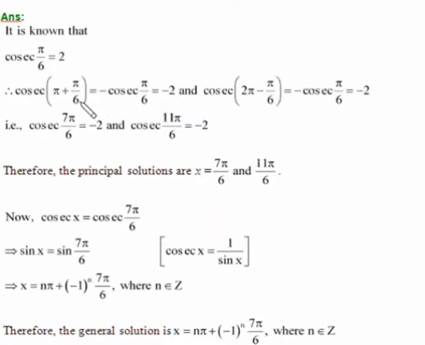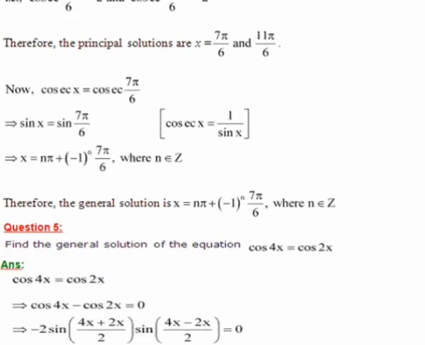Similarly, in the fourth quadrant it is also negative. cosec(2π − π/6) also gives the same result. Here π + π/6 is 7π/6, and cosec 11π/6 is equal to minus 2. At 7π/6 or at 11π/6, cosec's value is minus 2. These two are the principal solutions of it.